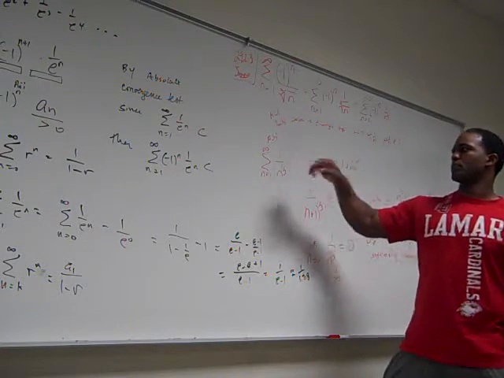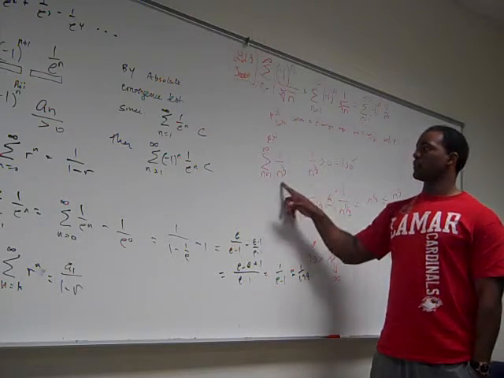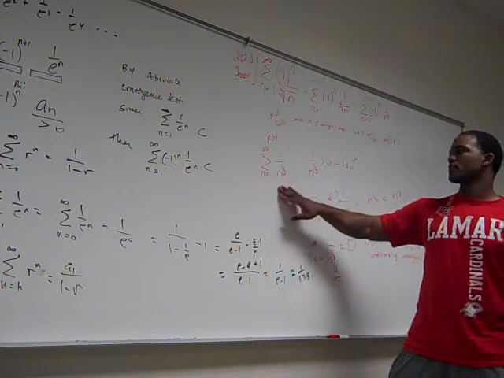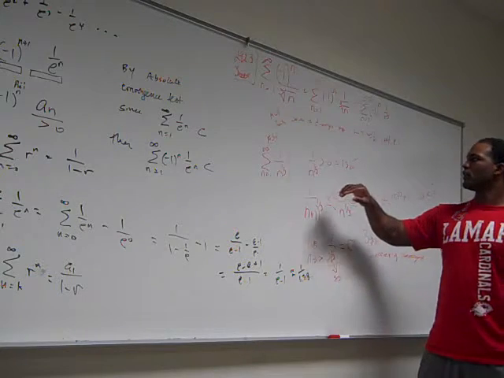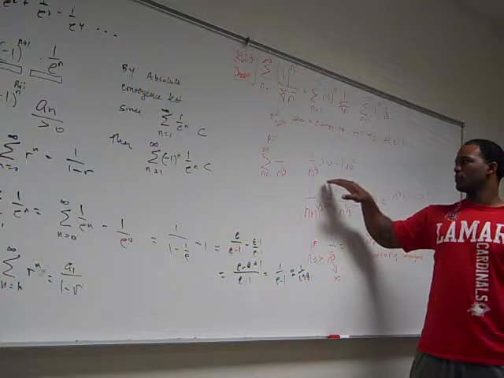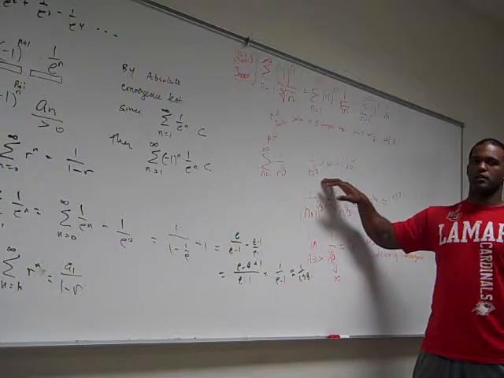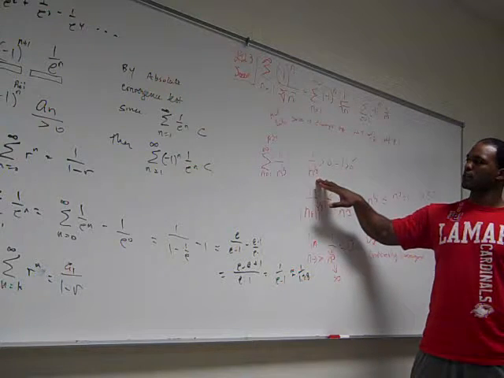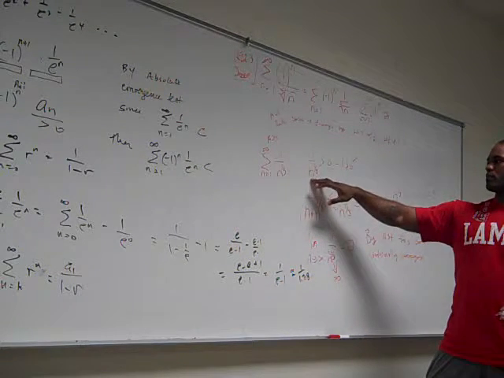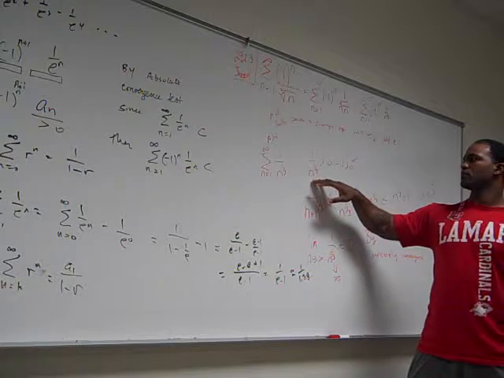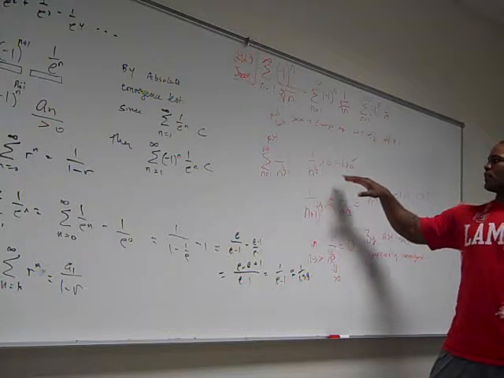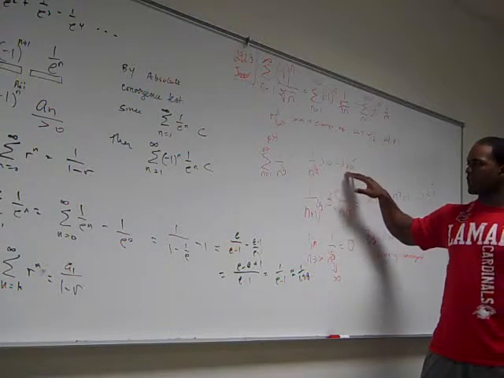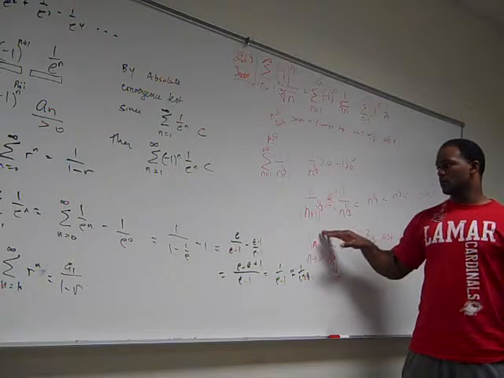So the next step was to do the alternating series test, taking the absolute value of that. The first part was to find out if all the terms are positive. So I set this greater than 0, and 1 is greater than 0. So that's a true statement.